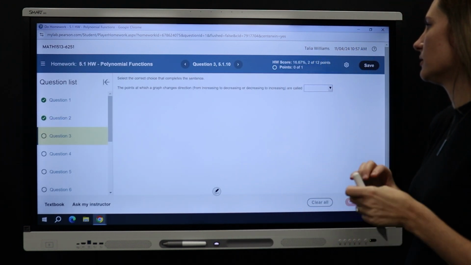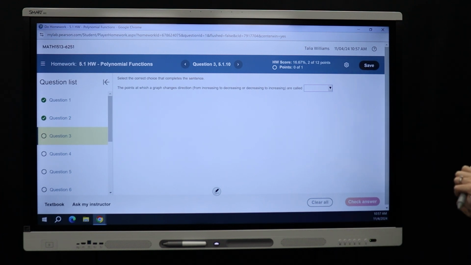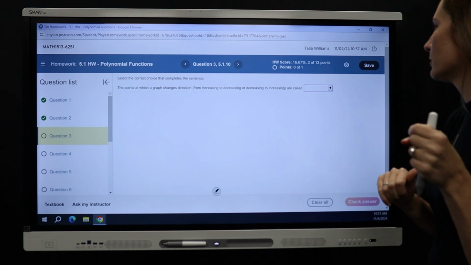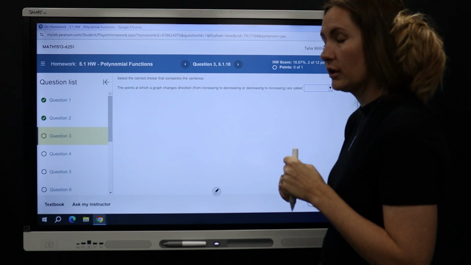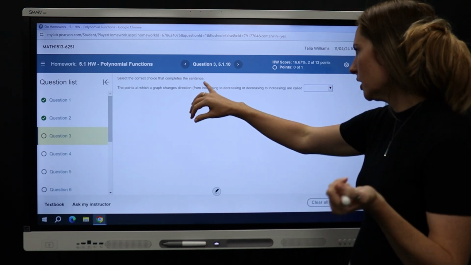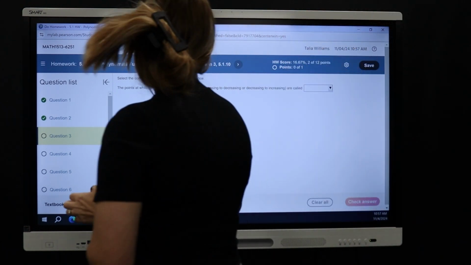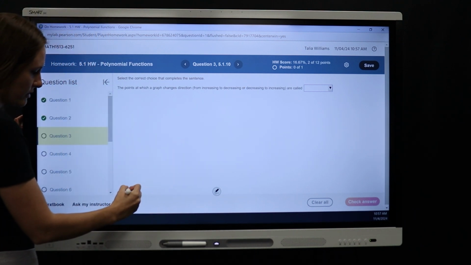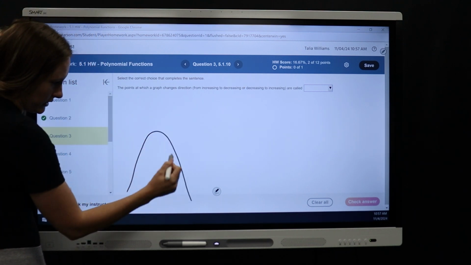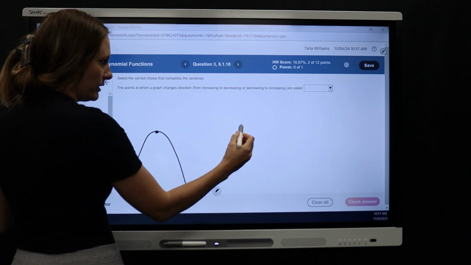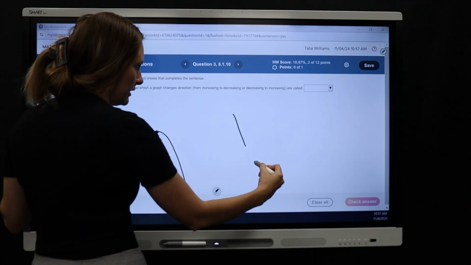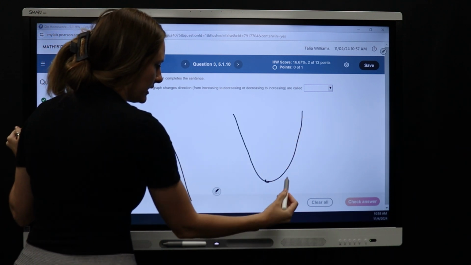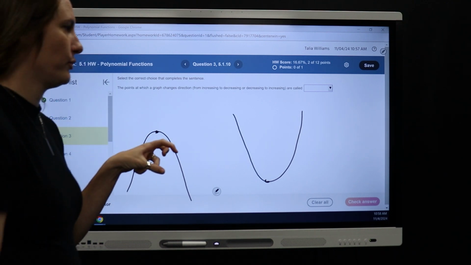The points at which a graph changes directions from increasing to decreasing or decreasing to increasing are called turning points. So you're turning from increasing to decreasing, so we're going up and then we decrease. You turned. This one, if you're decreasing and then you change to increasing, they're turning points.